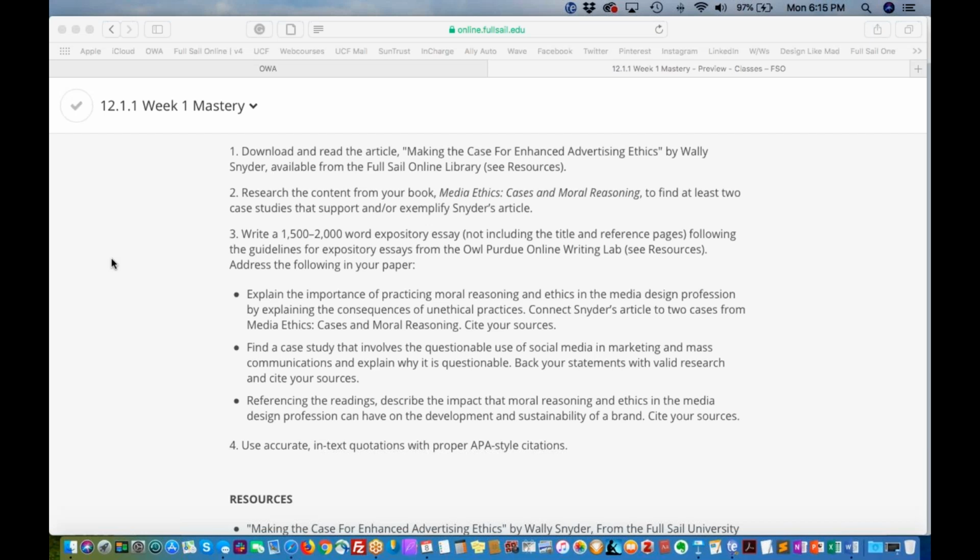So what you're doing is you're exposing the argument. That's really what an expository essay is: you're constructing this argument about this case for enhanced media ethics and how you're using examples from the case studies to back up the claim. You could completely tell Wally Snyder that he's completely wrong as long as you make a strong case for it and back up your argument with evidence.